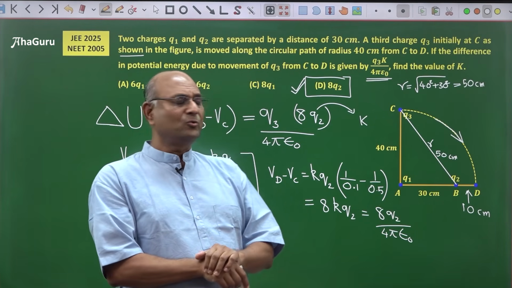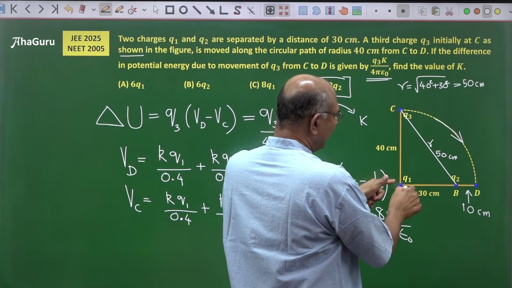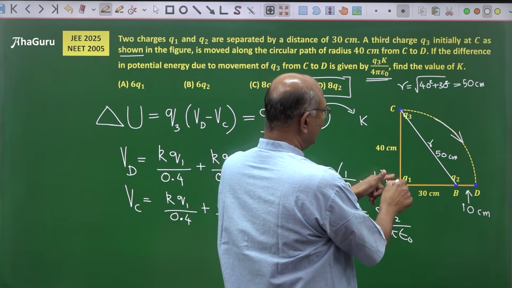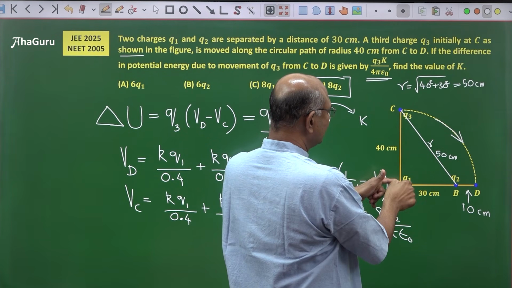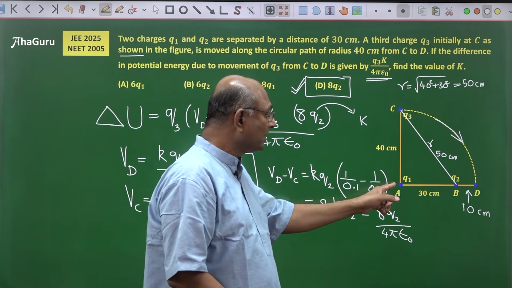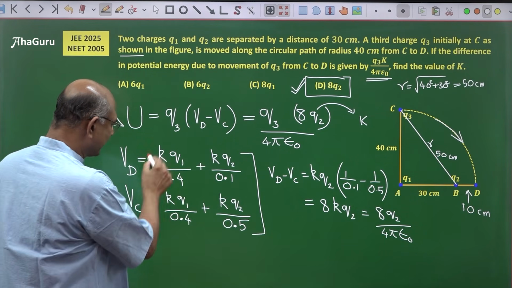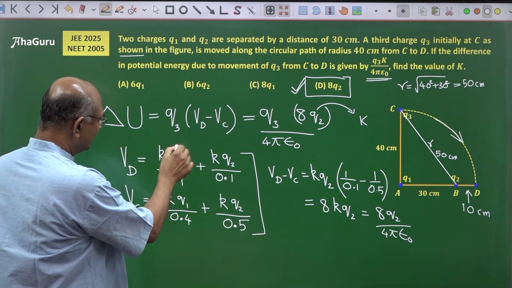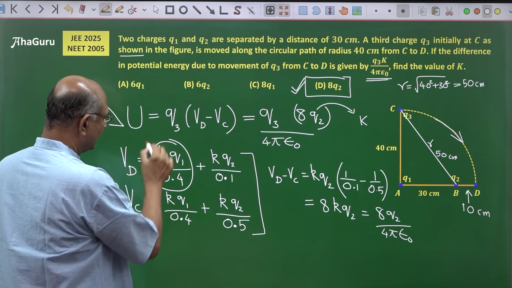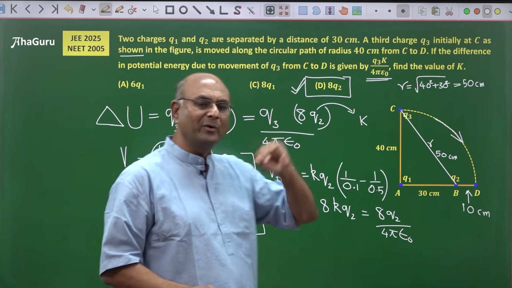But you could have also said, wait. VD has a contribution due to Q1, and VC also has a contribution due to Q1. And Q1's contribution is going to be the same because this distance is 40 centimeters, this distance is 40 centimeters. And you can see that, no? Notice, this is the same as this. So why even bother about Q1?